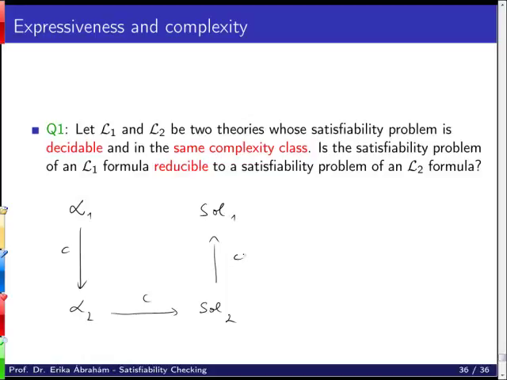Perhaps I also have to transform back the answer. Is the solution, is it satisfiable, or is it an assignment to the variables? Actually, it doesn't matter. But let's say these are sentences, so it is a yes or no answer. So I can just solve the formula from L1 and generate a formula in L2 that's true or false.